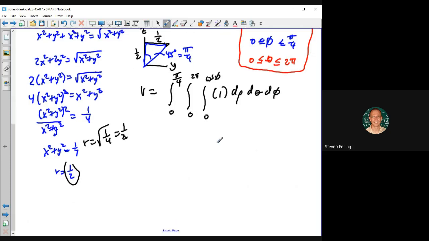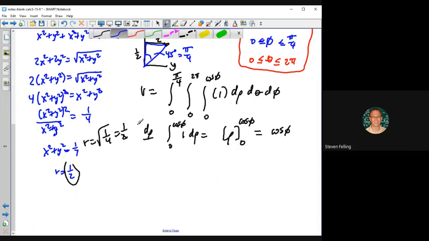So we would do these iteratively from the inside out, starting with the d rho one. We're just going to have the integral from 0 to cosine of phi of 1 d rho, which is just rho from 0 to cosine of phi, which is cosine of phi minus 0, so it's cosine of phi. The next integral out would be the theta one. So we're going to go integral from 0 to 2 pi of cosine phi d theta.